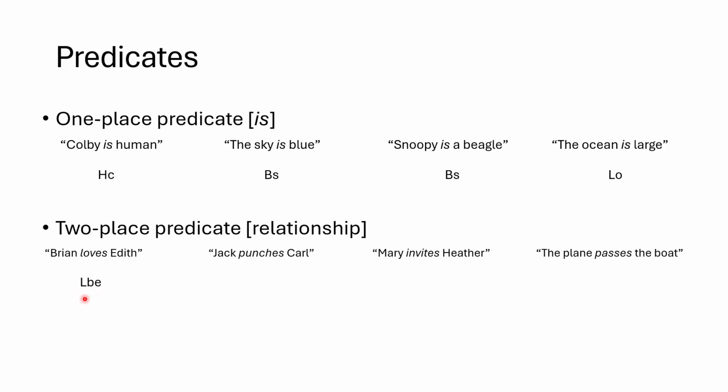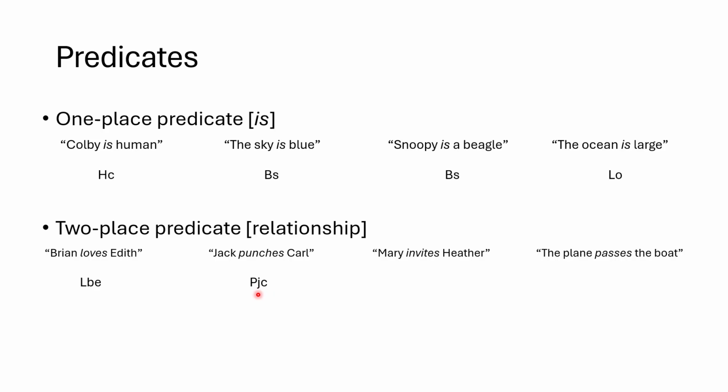So the B in the first place of the two-place predicate is the sort of active subject here, and then the constant in the second place of the two-place predicate is the sort of passive object, the one that the subject is doing whatever the predicate is related to. So Brian loves Edith. Then if we look at the next one, Jack punches Carl.